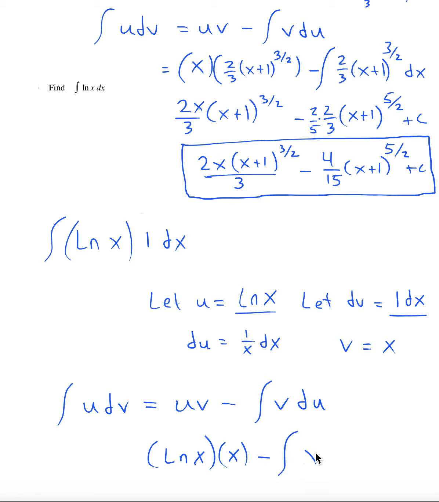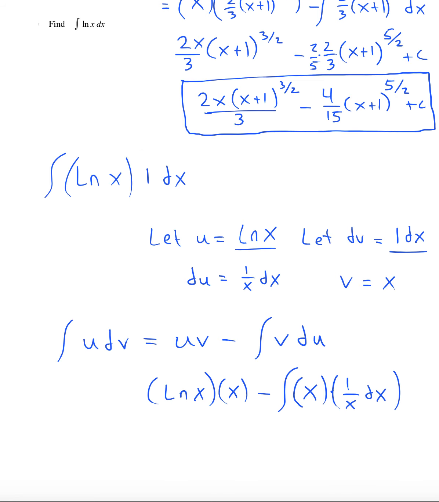We'll have an integral of x times 1 over x dx. Okay. This part can just stay what it is, x ln x. We will cancel the x's to make 1 dx.